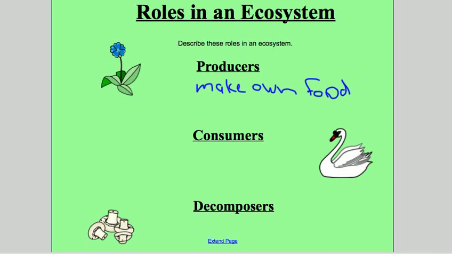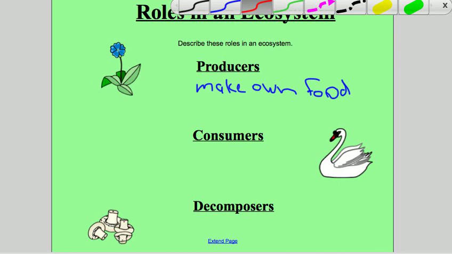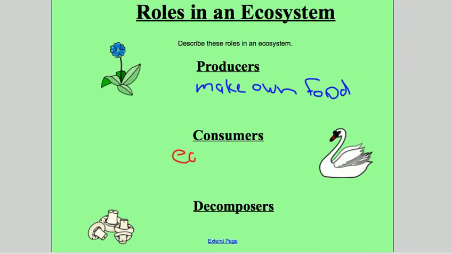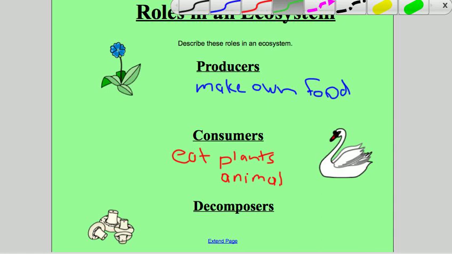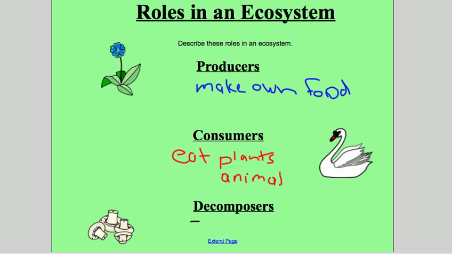And the consumers eat plants and animals. The decomposers, they eat dead things.